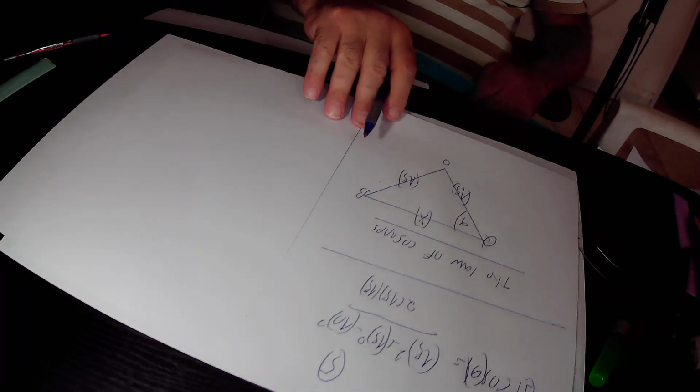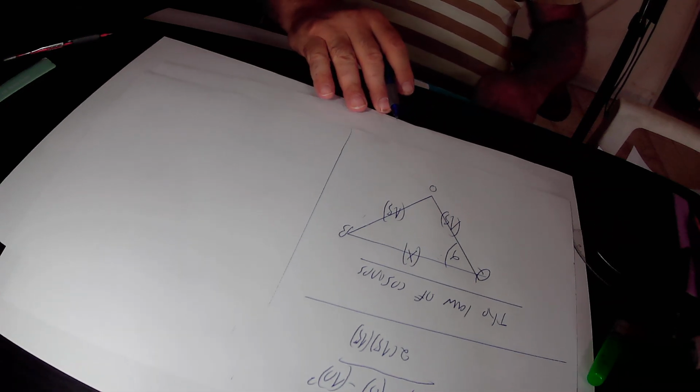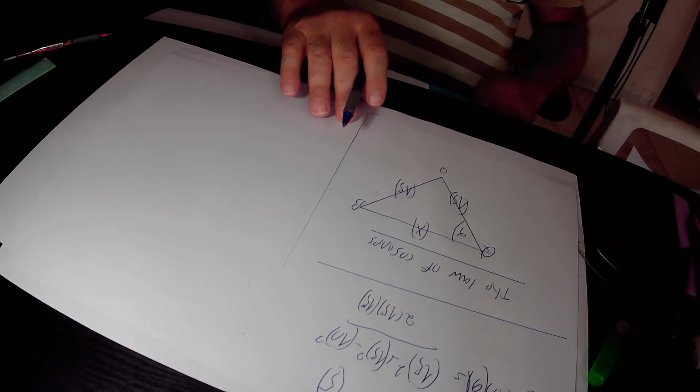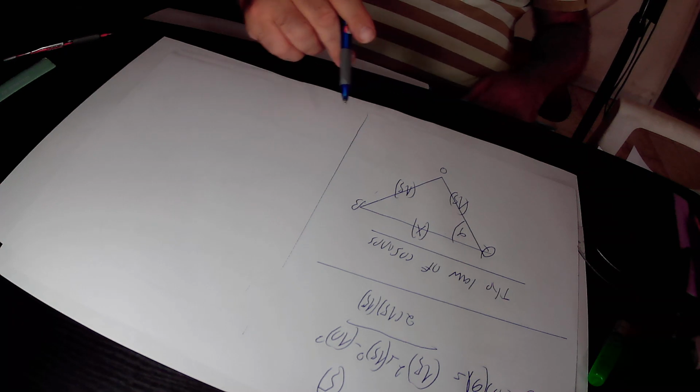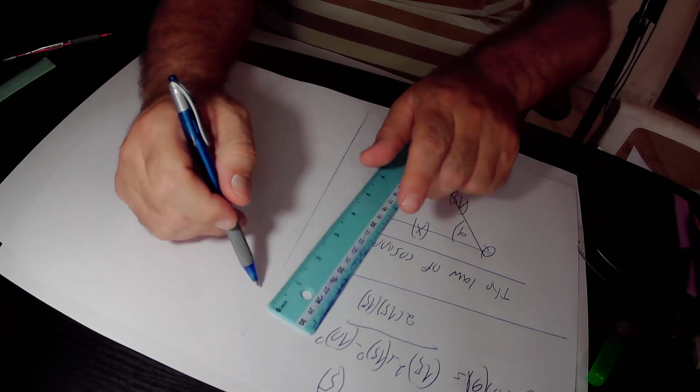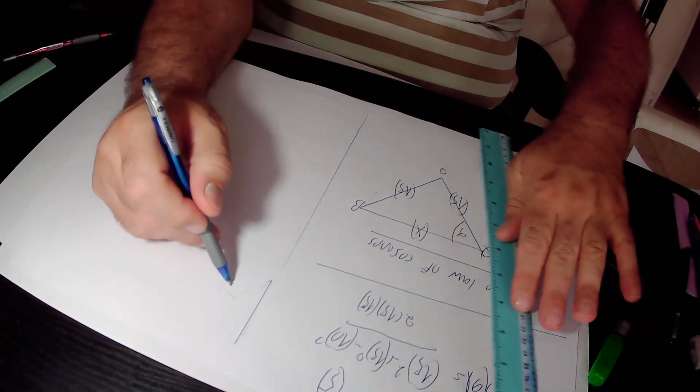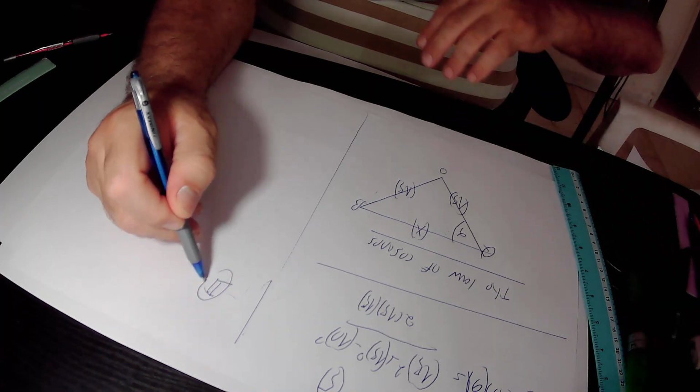So actually, this is triangle QOB according to the original drawing. In this triangle QOB, this is angle alpha. In this triangle QOB, according to the law of cosines, this will be equation 2.